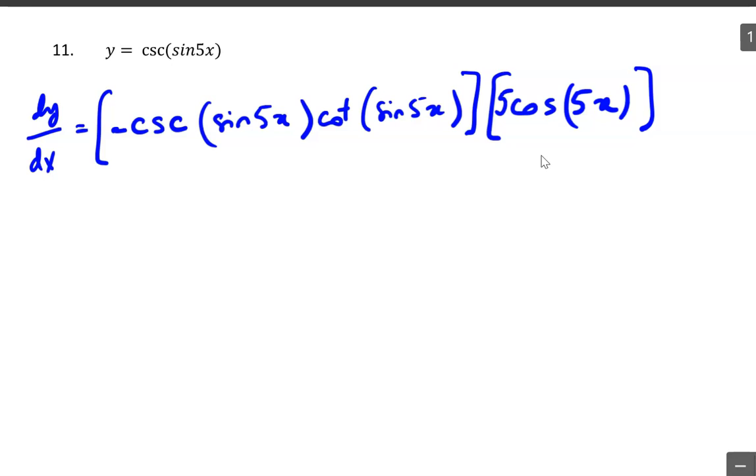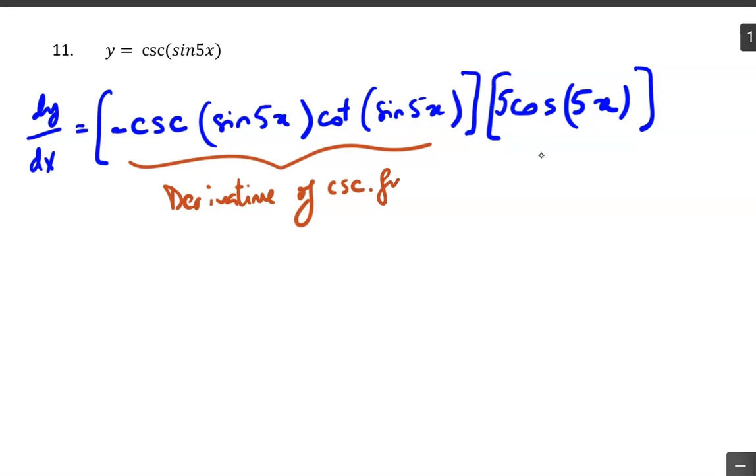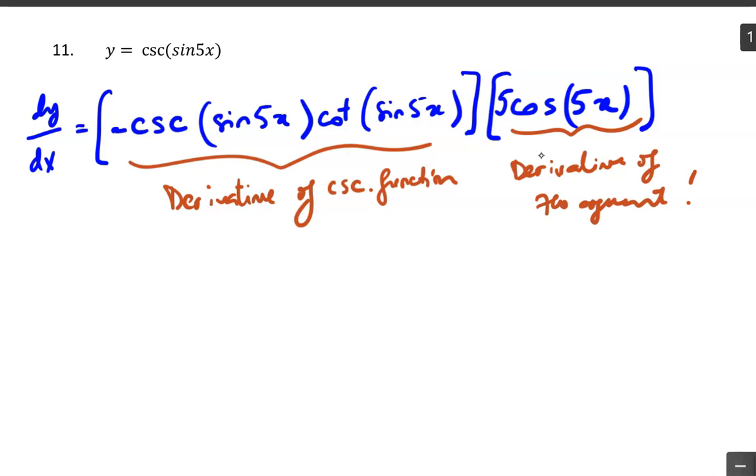I just want to remind everyone, this one is the derivative of the cosecant function, and this is the derivative of the argument. You don't have any power rule in this case.